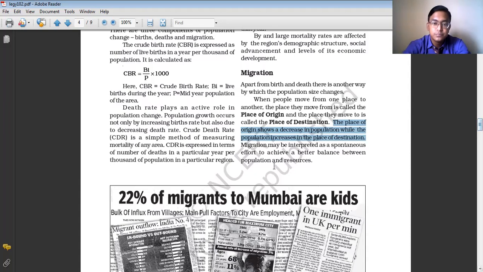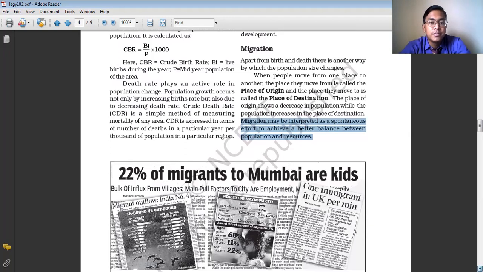So migration may be interpreted as a spontaneous effort to achieve a better balance between population and resources. It may be considered a spontaneous effort to bring a balance between the population and the available resources.